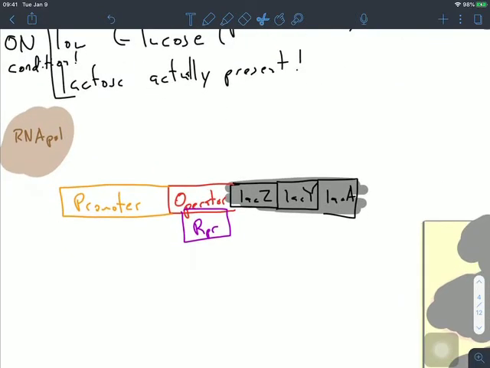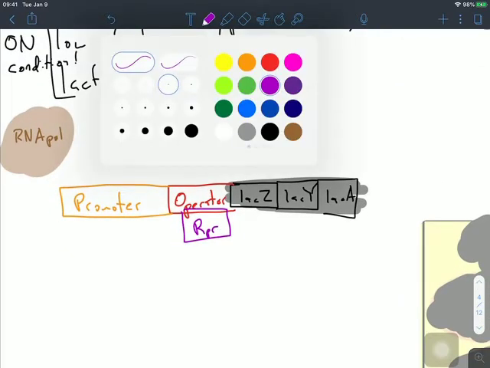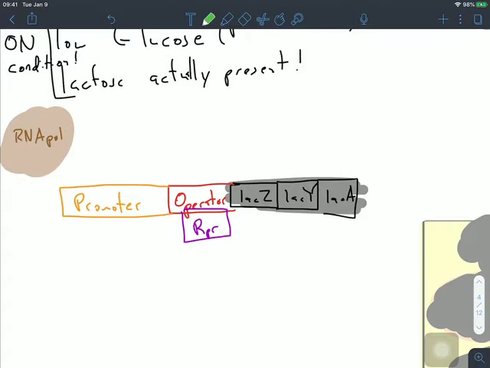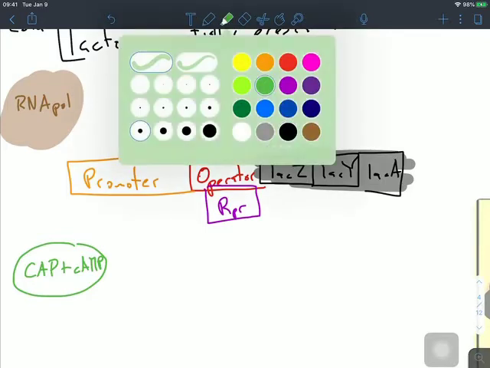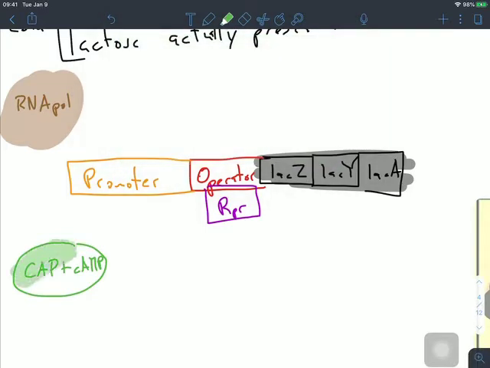But there's one other component, one additional thing: the lowercase c, capital AMP complex. A CAP-cAMP complex that's going to play its role with the RNA polymerase.